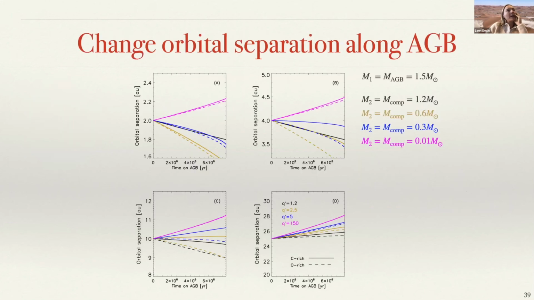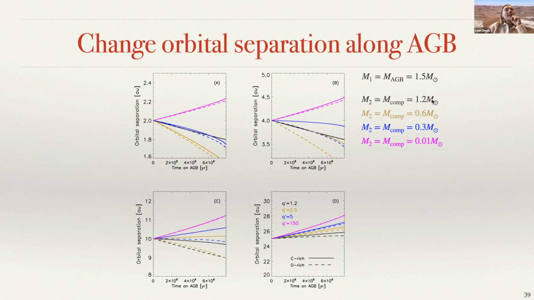And so we have done the calculations of, given now an initial condition of, for instance, an orbital separation, how does that change as a function of time along the AGB star? And you can see, this was here one example. The AGB star had a mass of 1.5 solar masses.